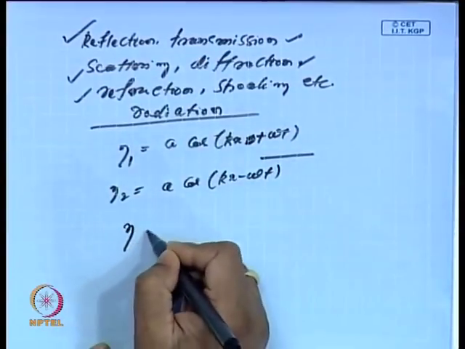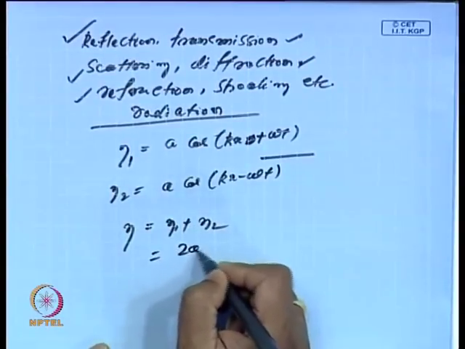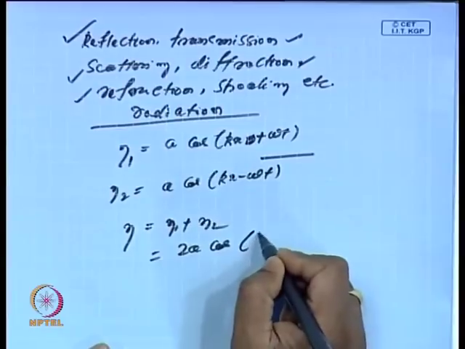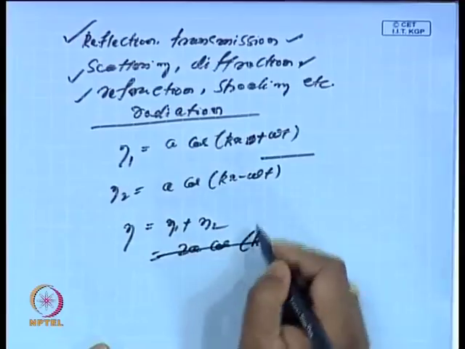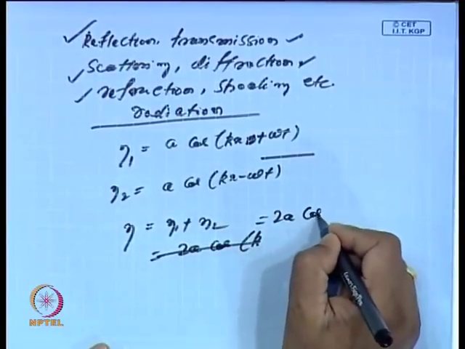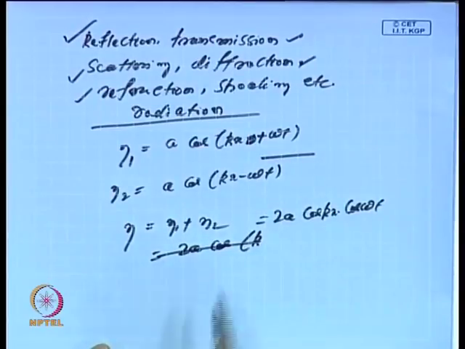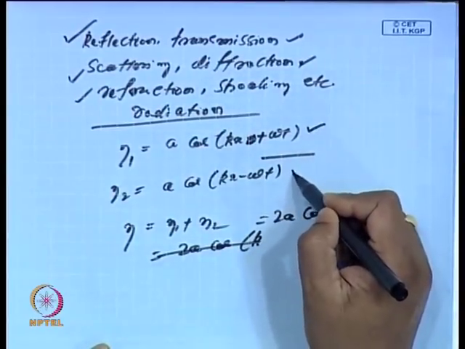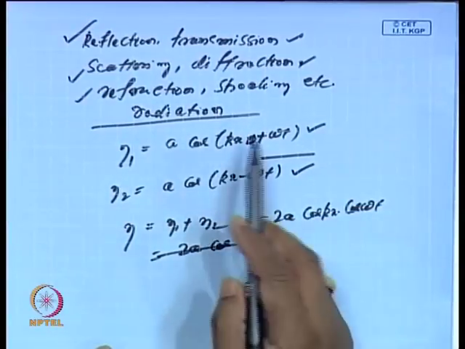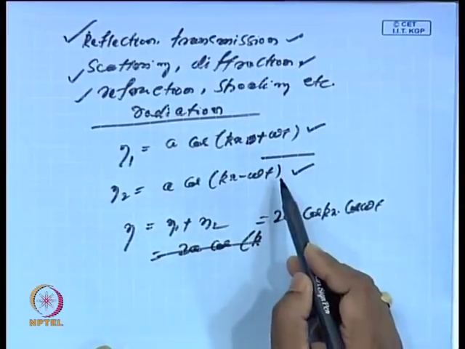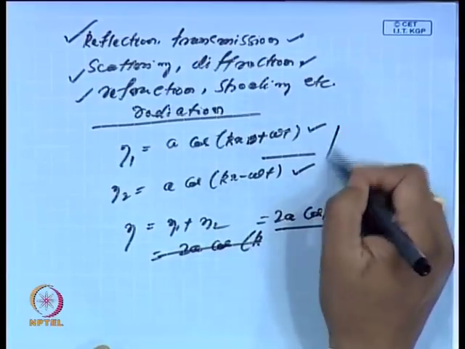Then what will happen to the resultant of these two waves, eta 1 plus eta 2? This will give us 2a cos kx cos omega t. So there are two waves with the same amplitude, wave number and frequency, only they move in the opposite direction. The resultant wave becomes a standing wave, whereas these are all progressive waves.